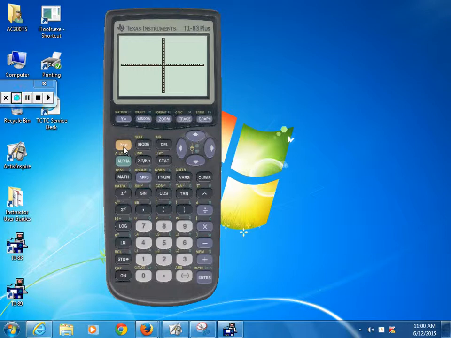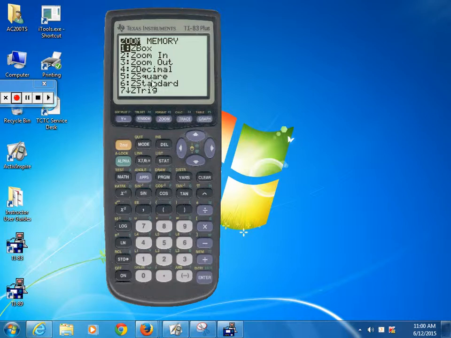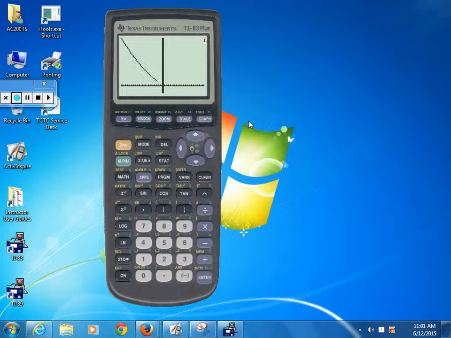Okay, we need to go zoom. Zoom. And do zoom. Where's zoom fit? Zoom fit is 0. That could be correct, because I want to know what the vertex is.